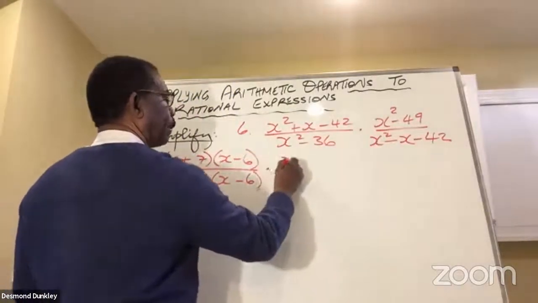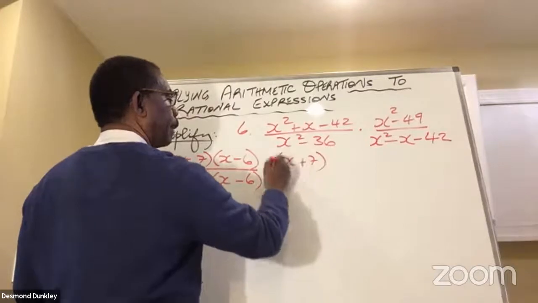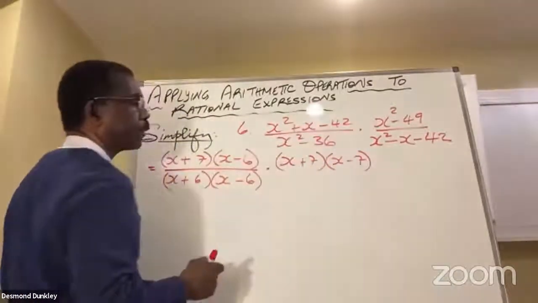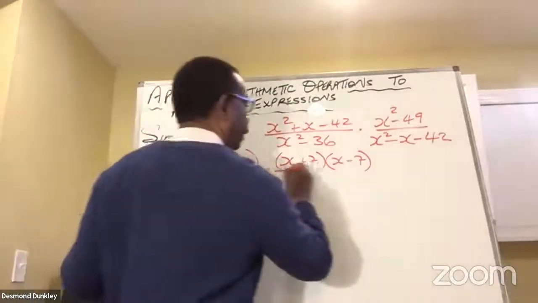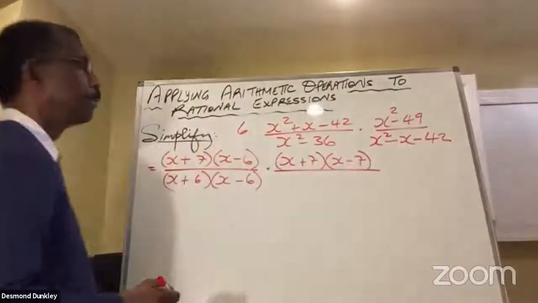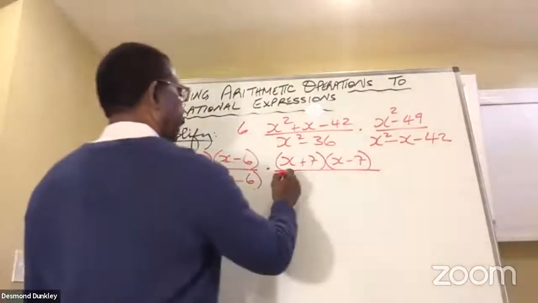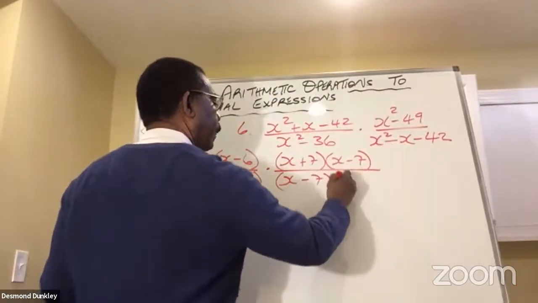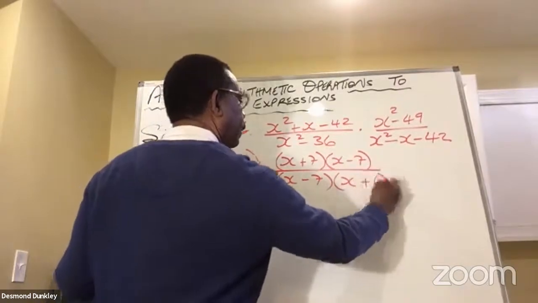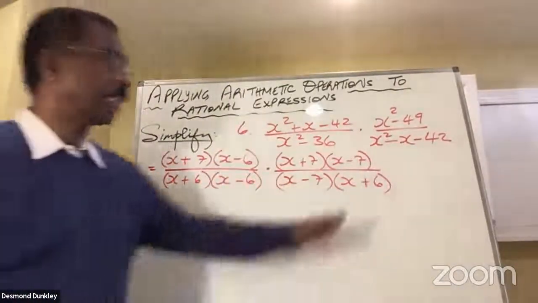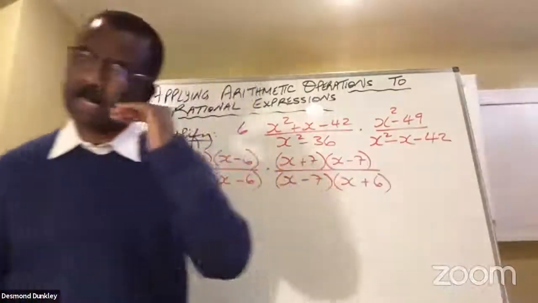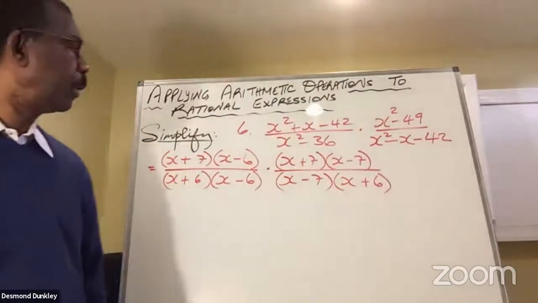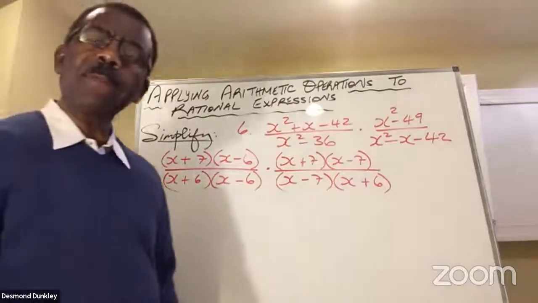We have x plus 7 times x minus 7. That's what happens to the top. And the bottom becomes x minus 7 times x plus 6. Again, factorizing trinomials is another session that we have done, so you have to look at that if you're not sure. And now we have factorized everything.